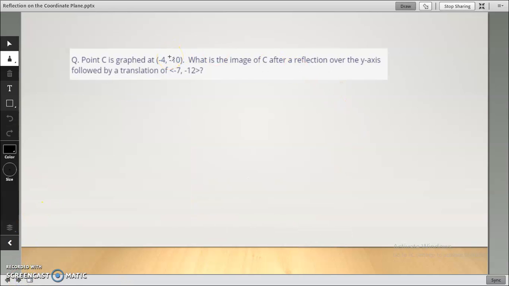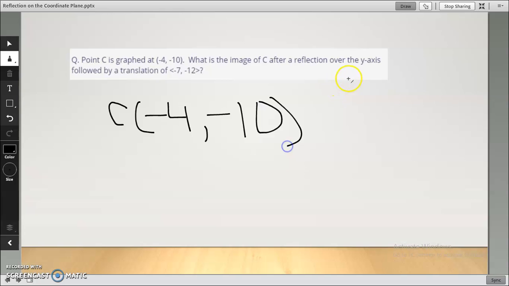All right, then it says point C is graphed at (-4, -10). What is the image of C after reflection over the y-axis and a translation of (-7, -12)? So I have this point at (-4, -10). If I reflect it over the y-axis, a reflection means my x value is going to change.